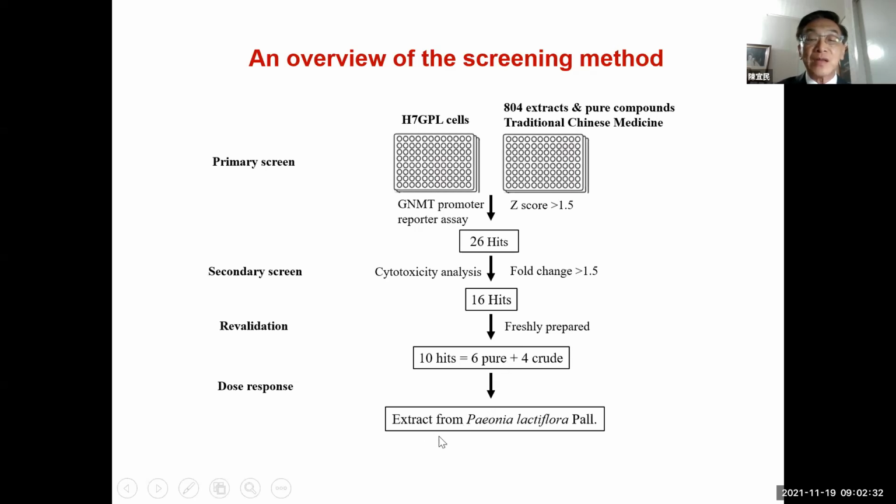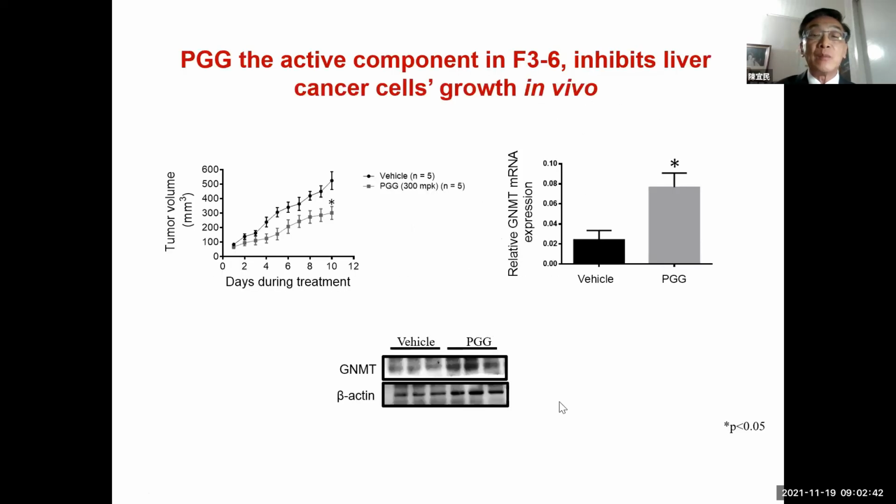Finally, we found that the extract from Paeonia lactiflora Pall has very high activity in inducing the GMT promoter. Eventually we identified this compound, PGG, as an active component in these fractions. And we used PGG in both in vitro and in vivo xenograft experiments.